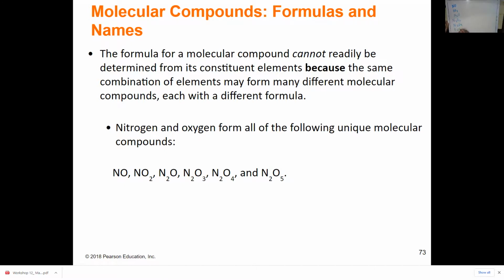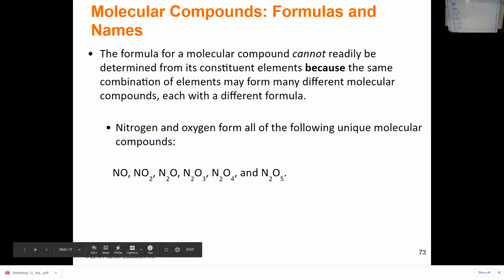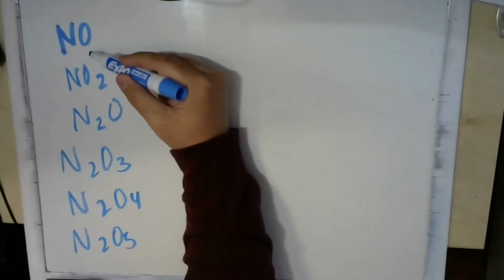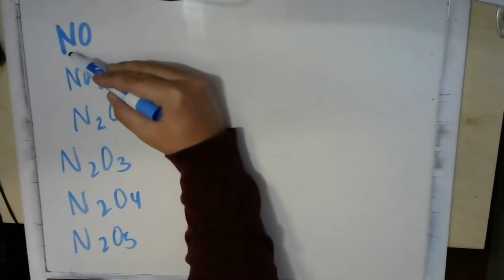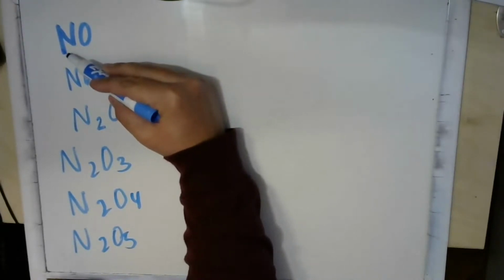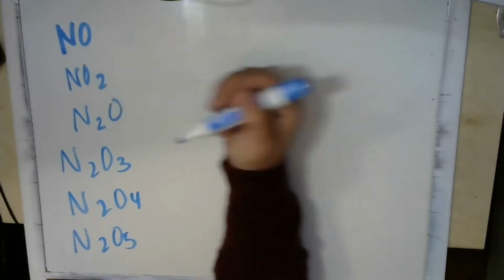Right, so based on the kind of rules that we were just talking about, and if you flip to the next slide, you'll see the actual format to use. Okay, we're going to look at the formula that we're given. Okay, we're going to look at the first element here, that's nitrogen.